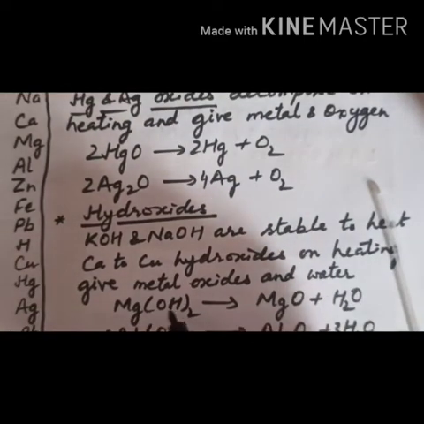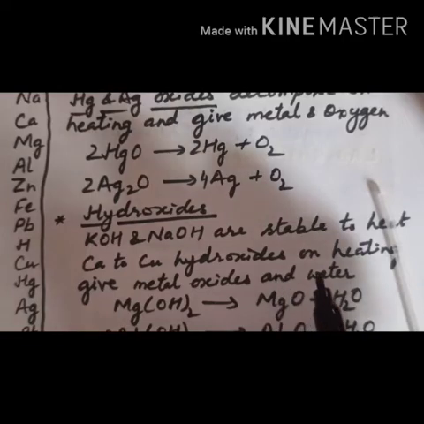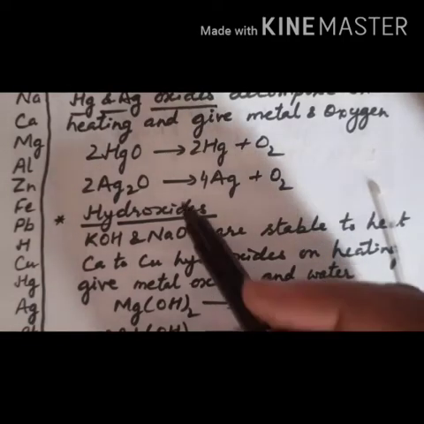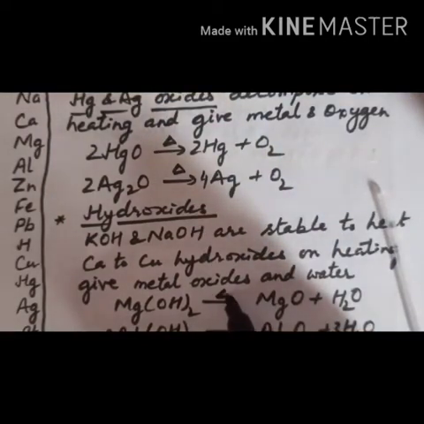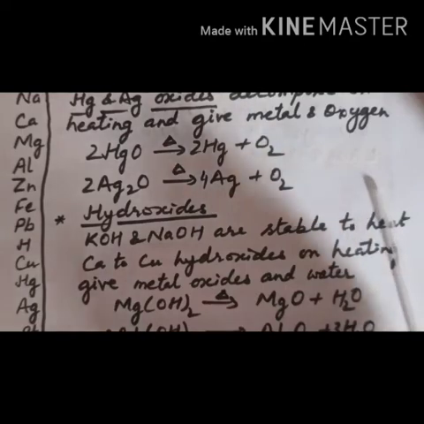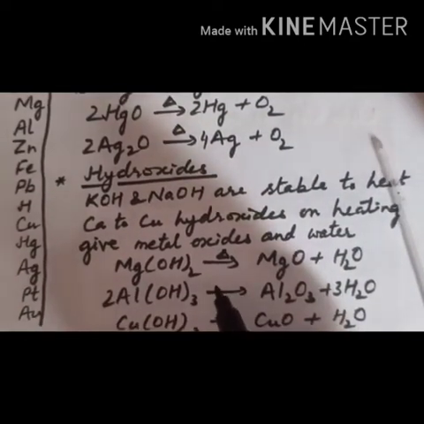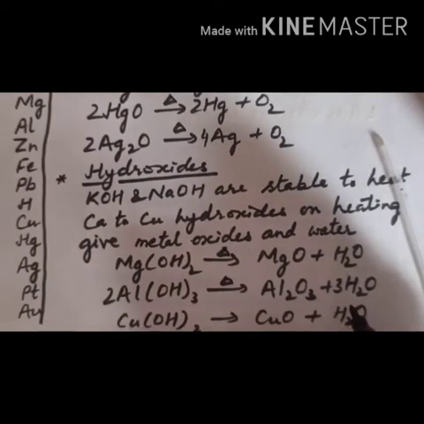For example, calcium hydroxide, whose equation is already given in your book, on heating gives you calcium oxide and water, right? Magnesium hydroxide on heating gives magnesium oxide and water. The same way, aluminum hydroxide gives aluminum oxide and water.